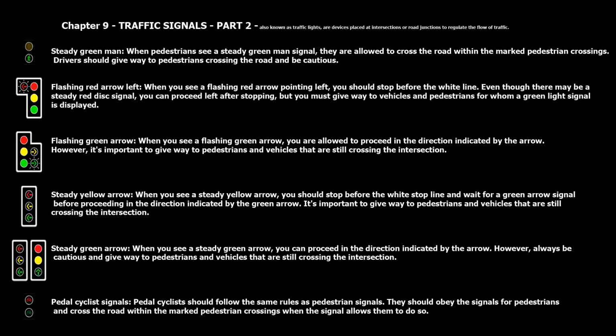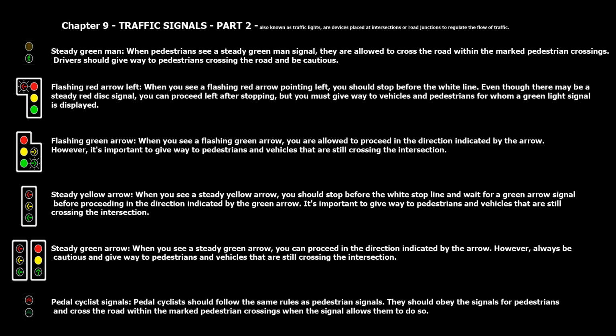And then if we look on the other side, the flashing green arrow, you can see that on the green disc, there's also a flashing. You can see the green arrow is flashing. Well, what does that mean?